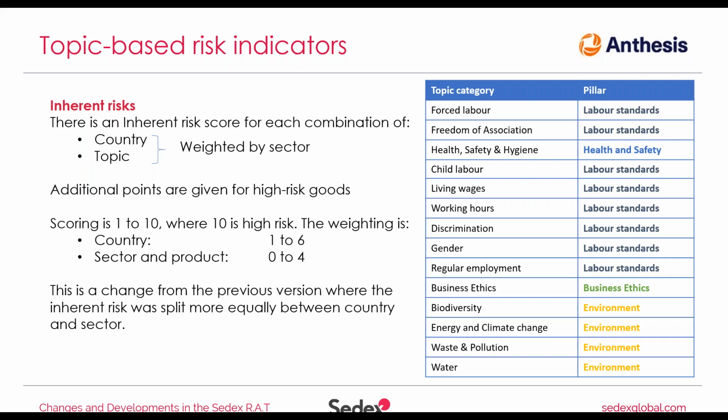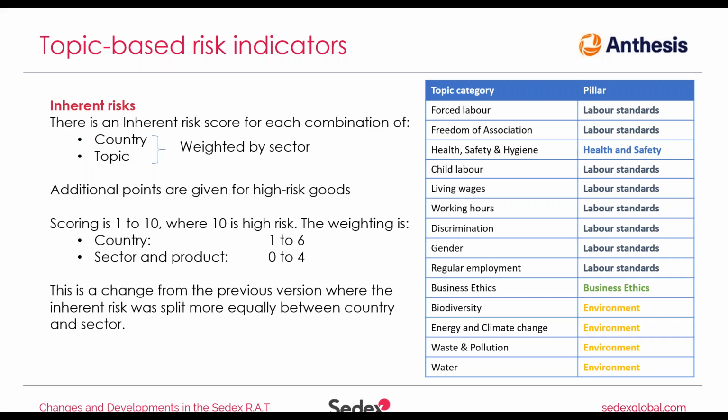What we have then is that those country scores are brought together on a scale of 0 to 6. I'm sorry, on the screen it says 1 to 6, it should say 0 to 6. That's then brought together with scores on sector from 0 to 4. Just a point there, it says additional points are given for high risk goods.